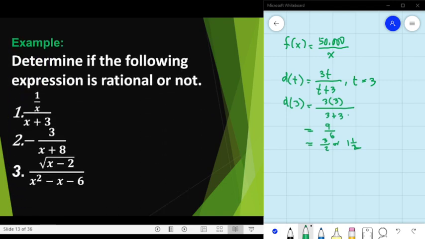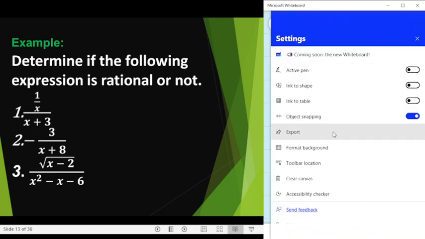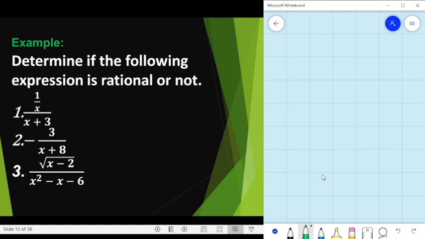Okay, example, we are going to determine if the expression is rational or not. Number 1 is 1 over x all over x plus 3. It's not a rational expression. Why? Because the numerator is not a polynomial.